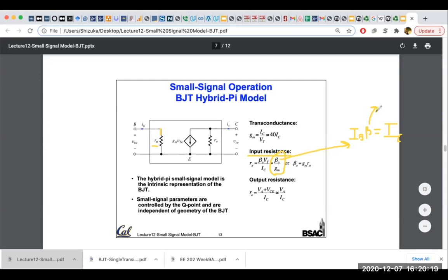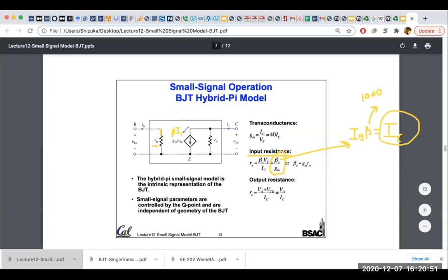If the recombination of those electrons and holes, it's a function of that recombination. And if the beta is big, that means the amplification factor is big, right? We want beta to be big because we want to get a much higher IC. So instead of gm VBE, you can write here beta IB.